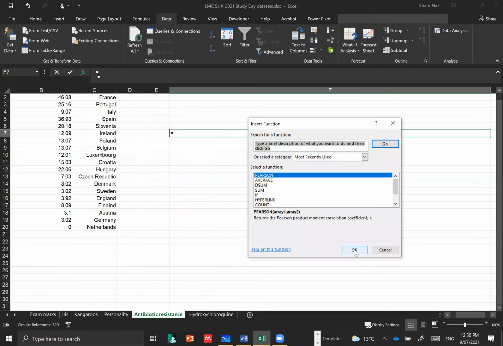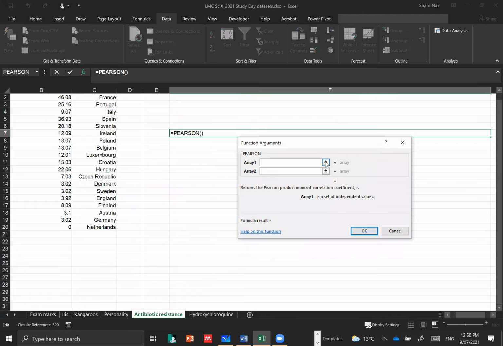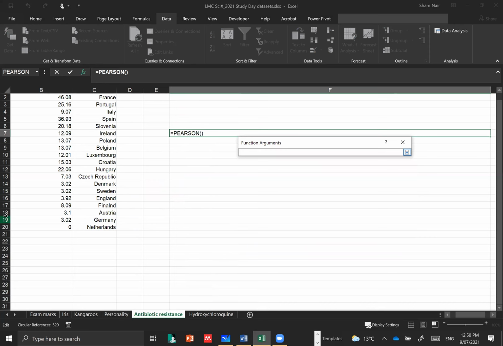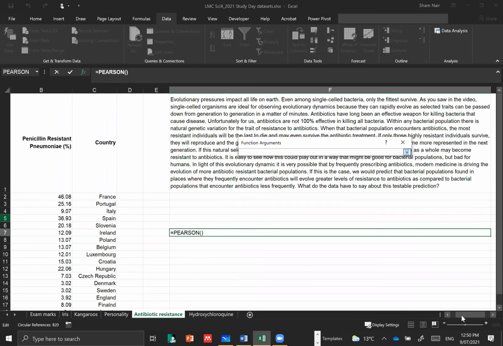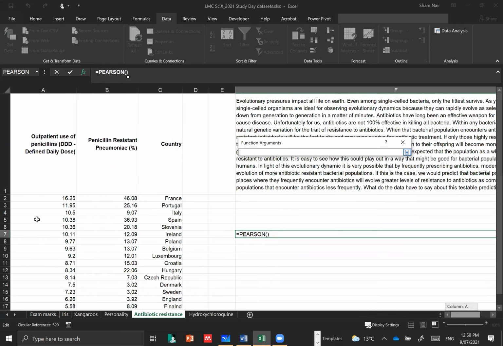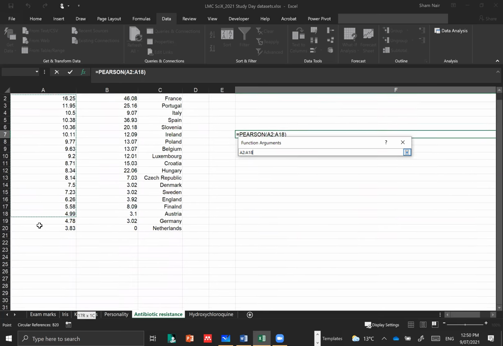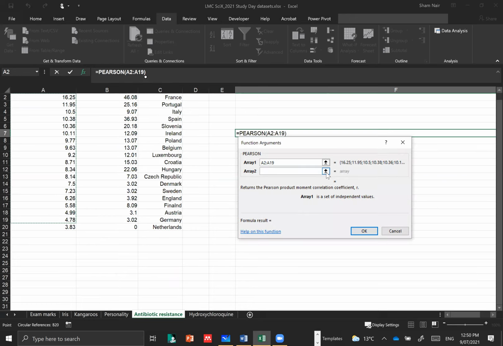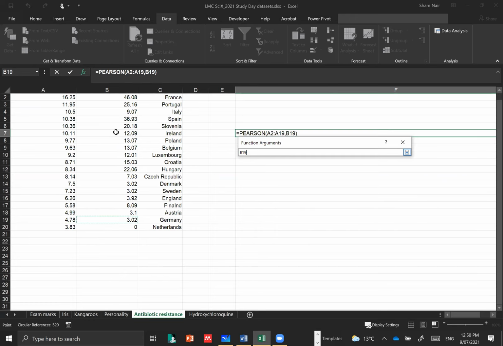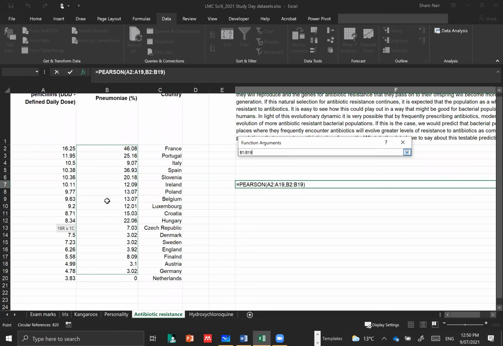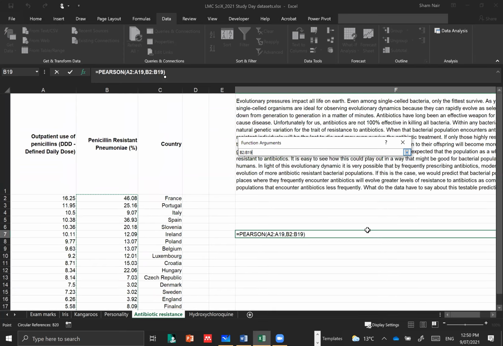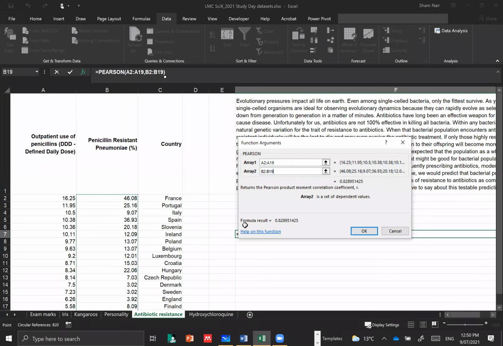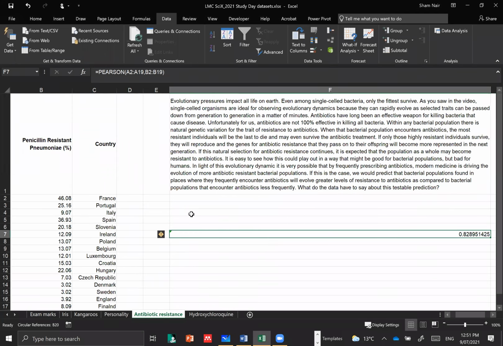Going back, starting that again. Array 1 would be, I'm going to leave the bottom row out. And then array 2 would be from there to. And that then will give you, I haven't got it here.